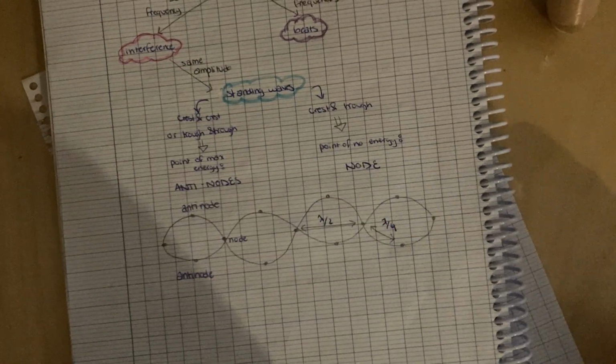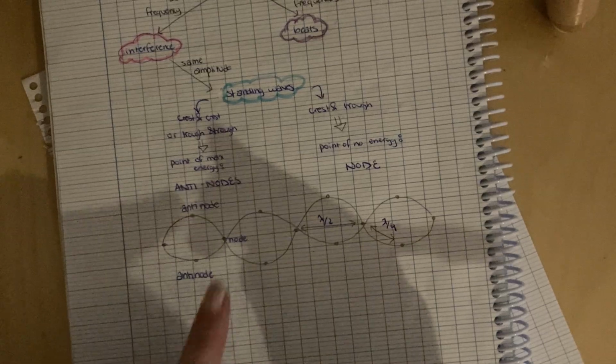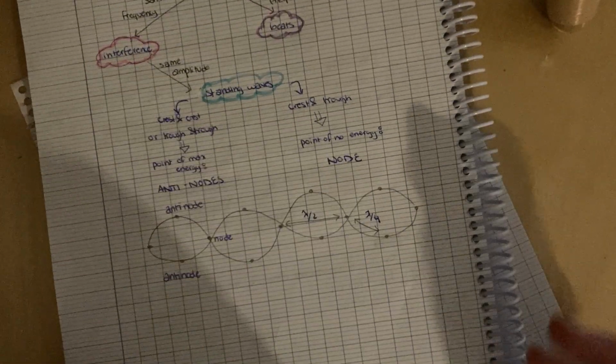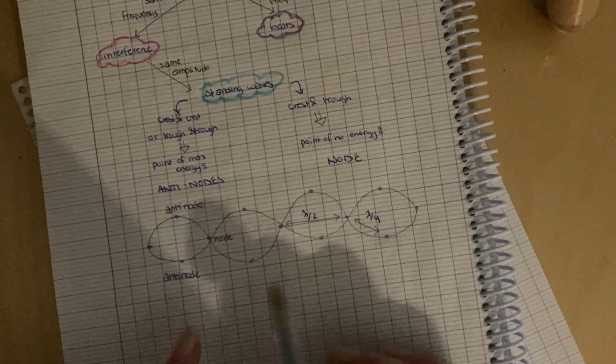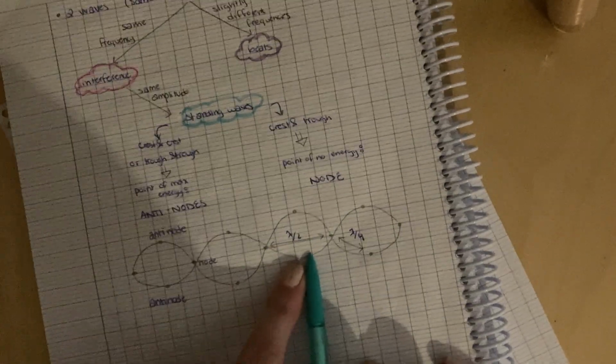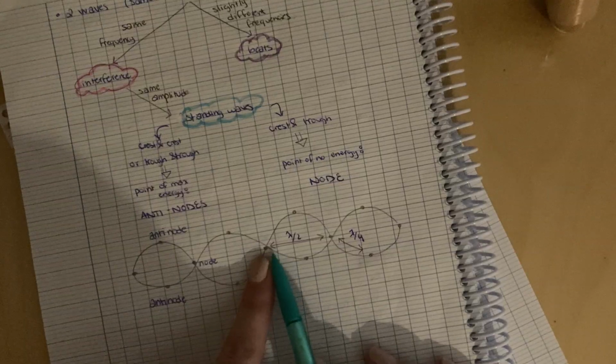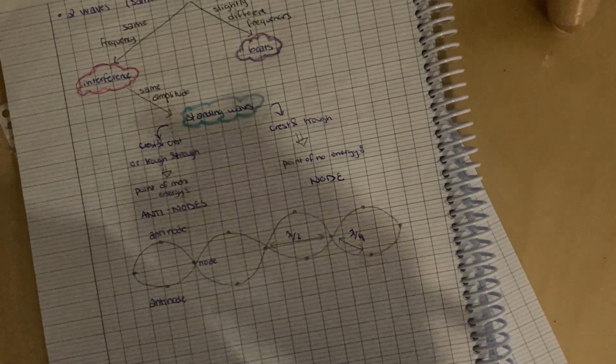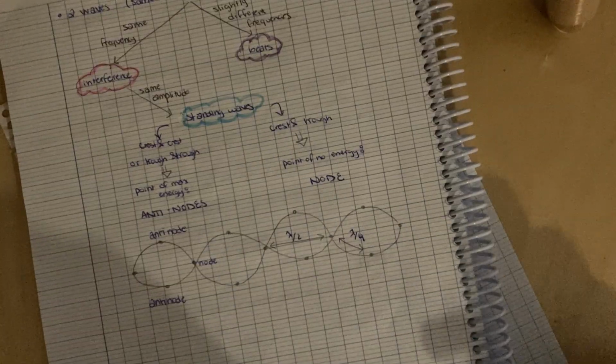If you have a crest and a trough meeting at the same time, then it's what we call a node, the point of no energy. The distance between an antinode and its consecutive antinode is lambda over 2, and the distance between an antinode and a node is lambda over 4.